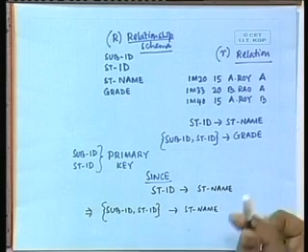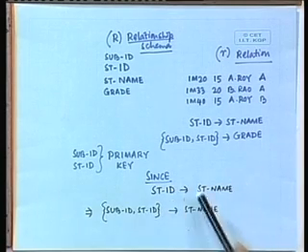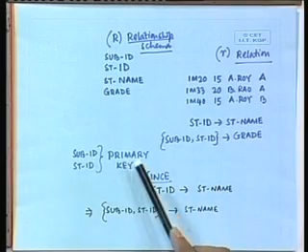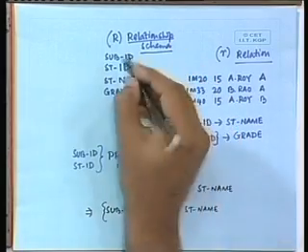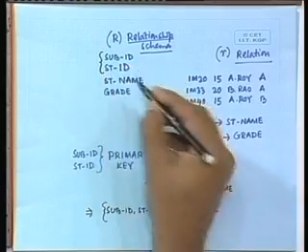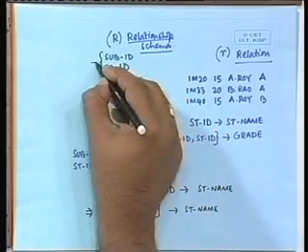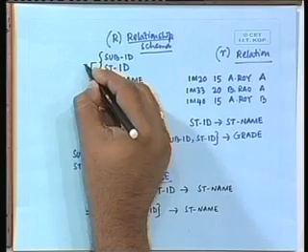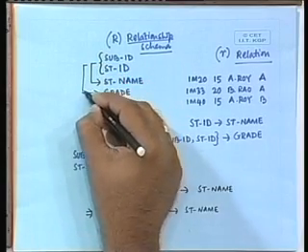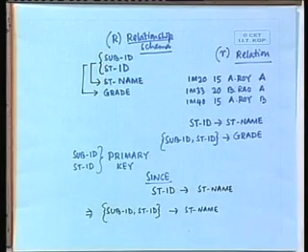Those things we shall discuss later, but at least this much you understand at this point of time. For something to be defined as a primary key, all the other attributes must be functionally dependent on the primary key. So the basic definition of primary key is, all the non-key attributes should be a fact of the primary key. That means all the non-key attributes should be functionally determined by the primary key.